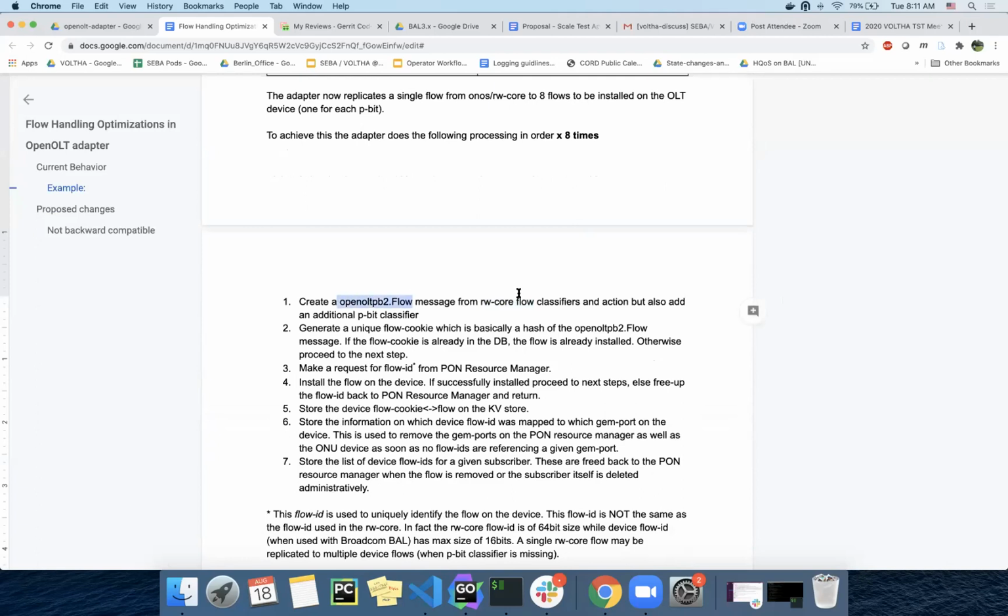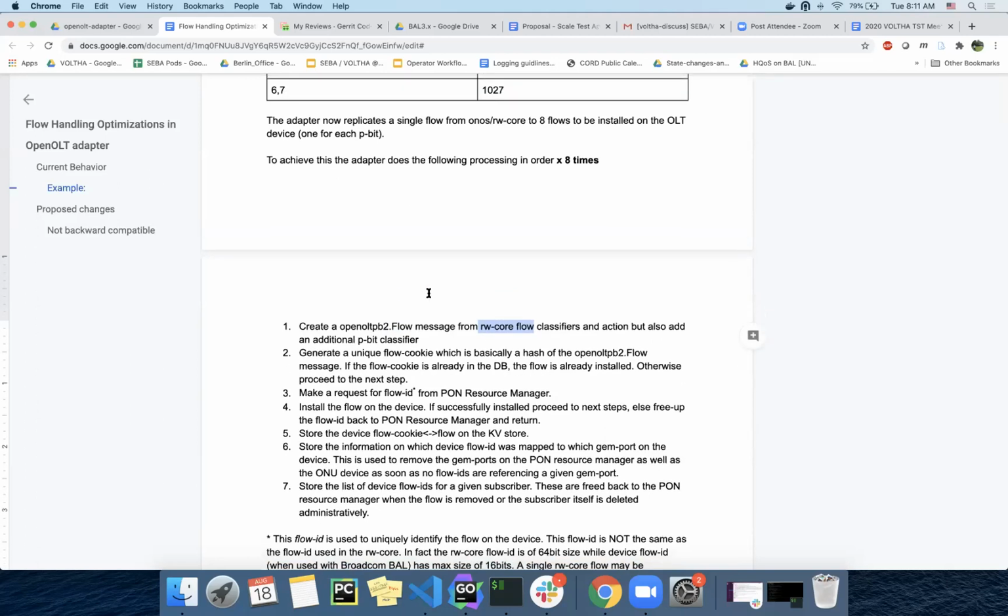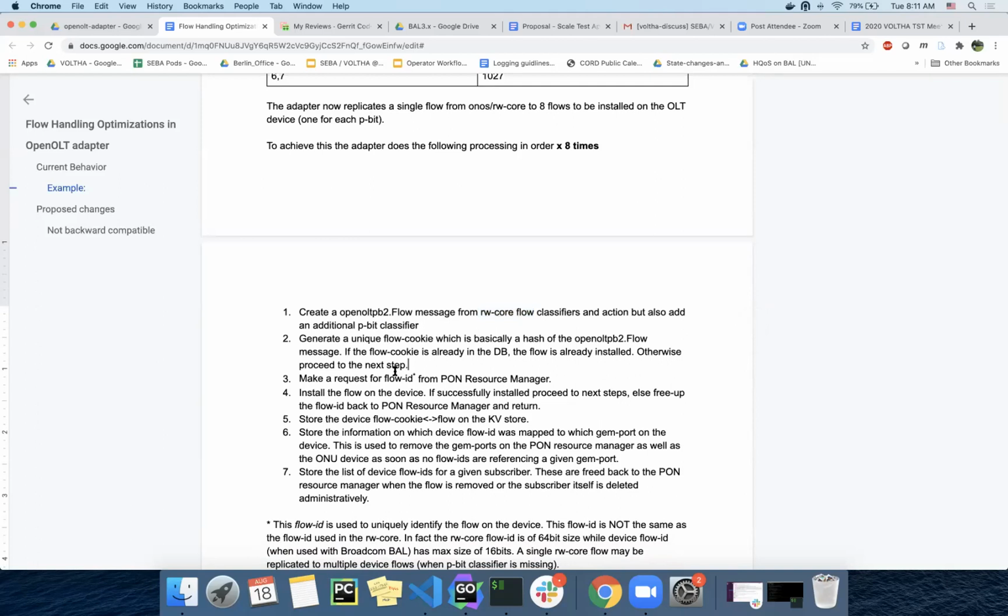I mean, these are not one and the same, but the OpenOLT proto flow is derived from the read-write core flow classifiers and actions. So whatever the classifier and action are, you also add an additional p-bit classifier, as I discussed before. And then you generate a flow cookie, which is a hash of the OpenOLT proto flow message.